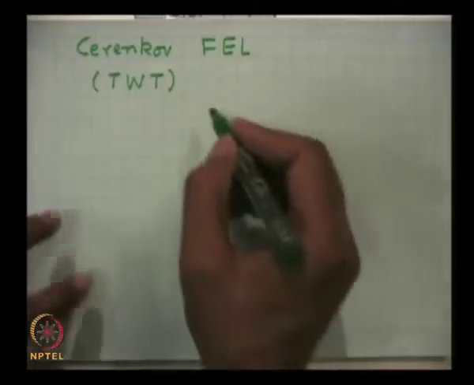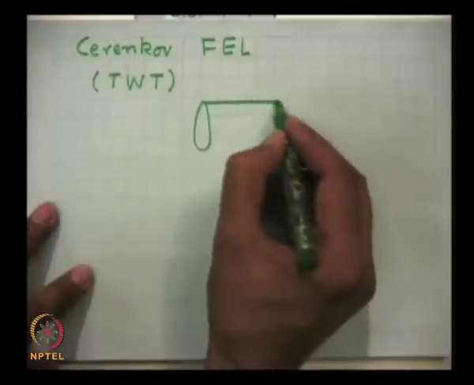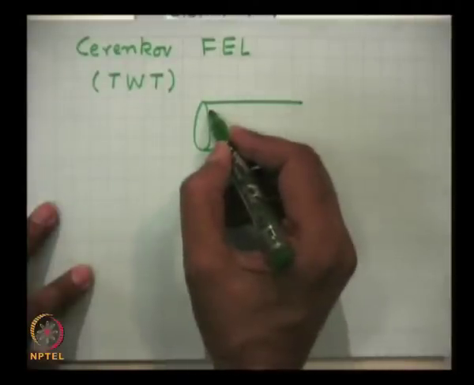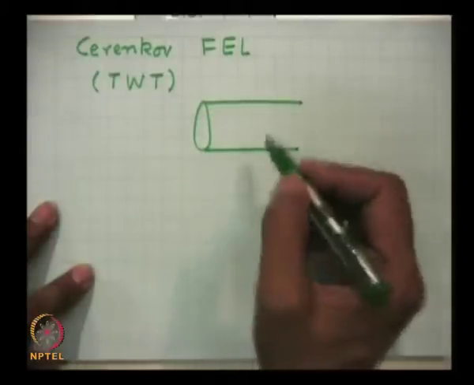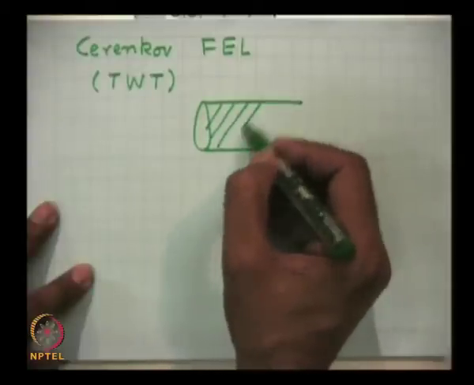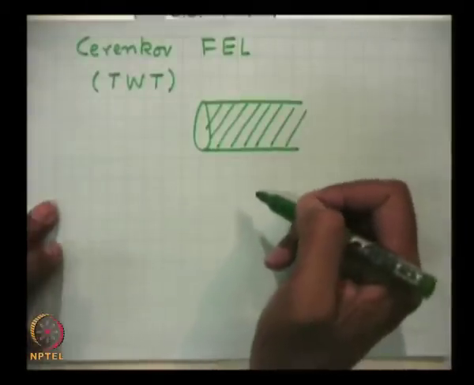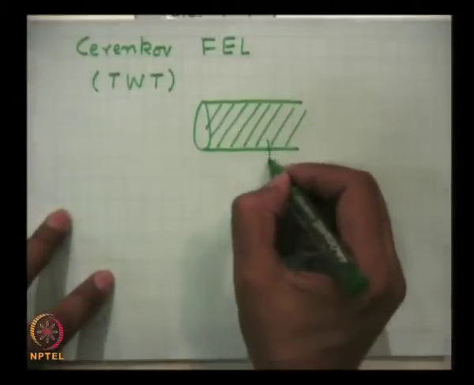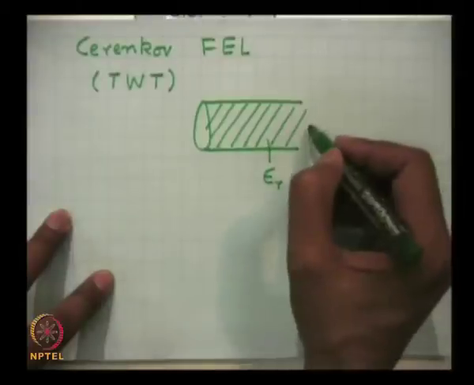Now, in order to simplify the mathematics, I want to really highlight the physics of this process. So, rather than considering the dielectric to be confined near the boundary, I will treat it as if the effective permittivity medium is filled in the entire region. So, I will presume that this dielectric of effective permittivity epsilon r is filling the waveguide.